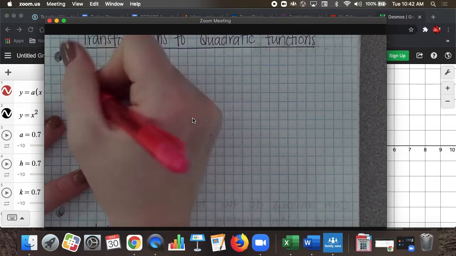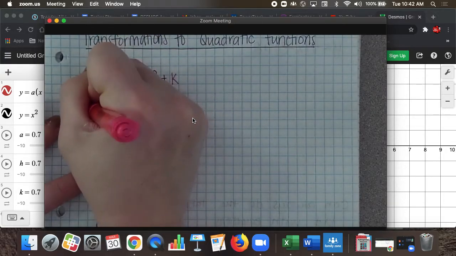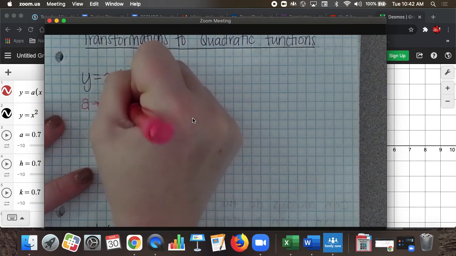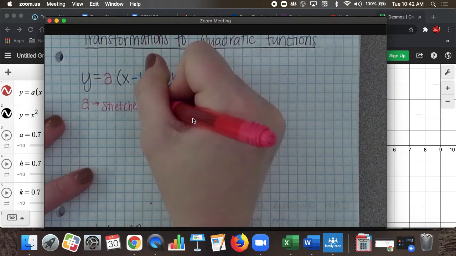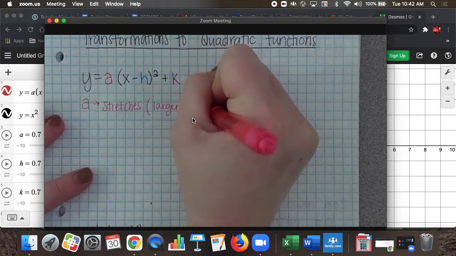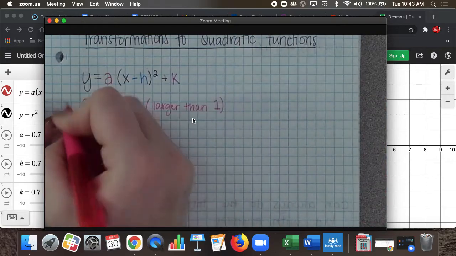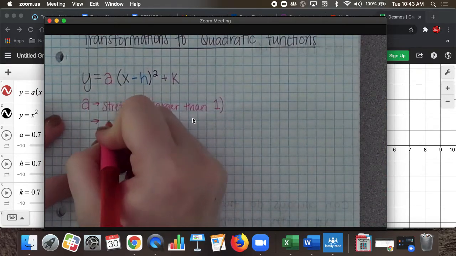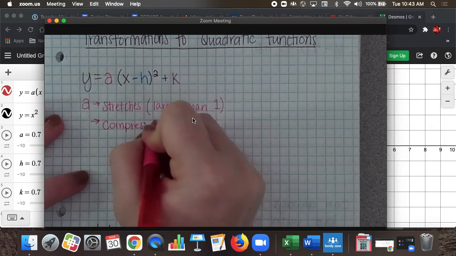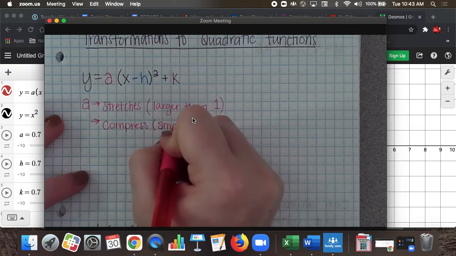So the a, when you were doing that activity, you should have seen that it stretches when it is larger than 1. When a is smaller than 1, it compresses.